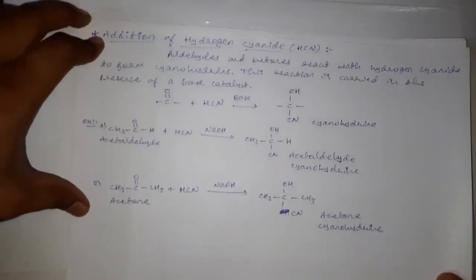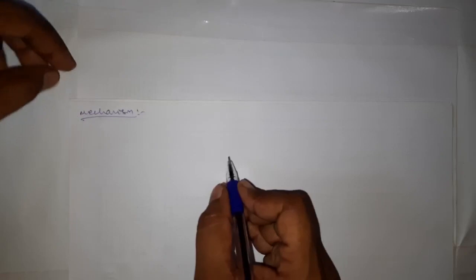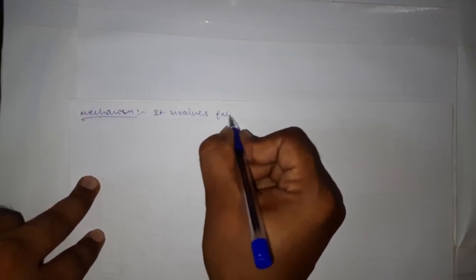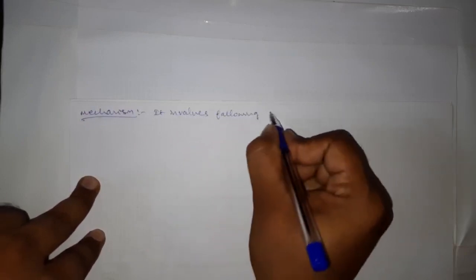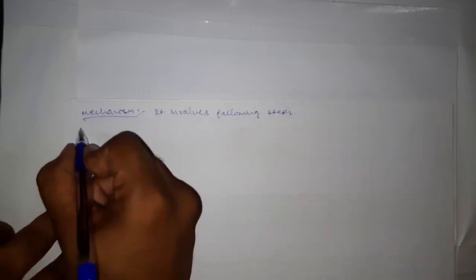Then here we can discuss the mechanism for this addition of hydrogen cyanide to the carbonyl group of aldehyde and ketone. This mechanism involves the following steps.